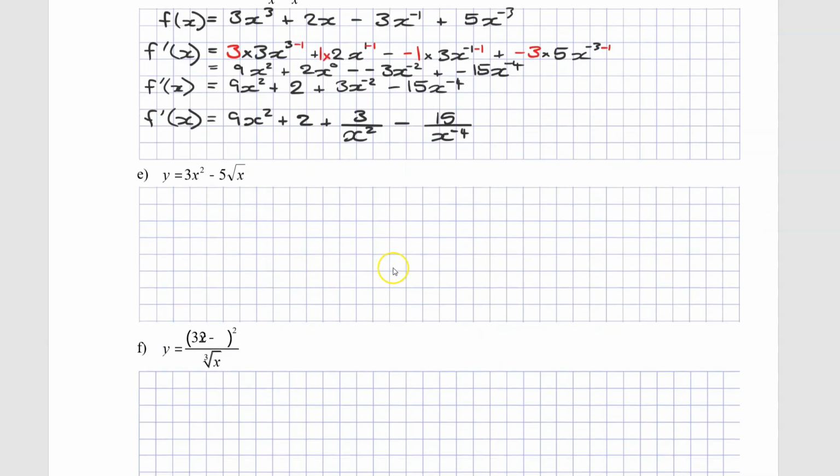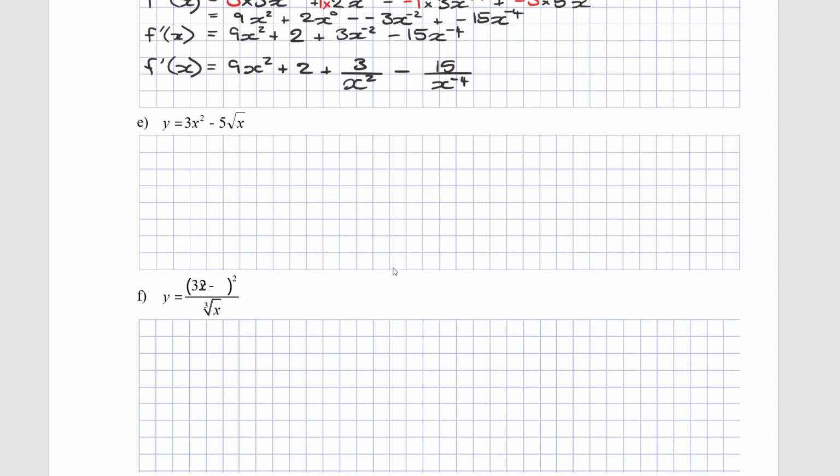Alright, in the next example of E, we are challenged with an equation that contains our favorite things in the world, which are surds. So the definition of this function is y equals 3x squared minus 5 root x.